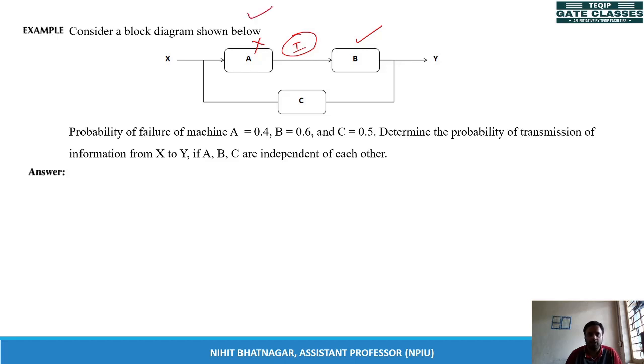If A is working but B fails, also in this case no transmission is possible from the first assembly line.